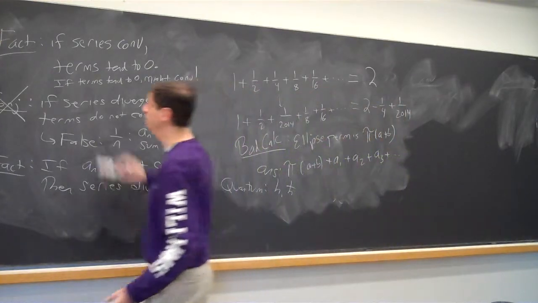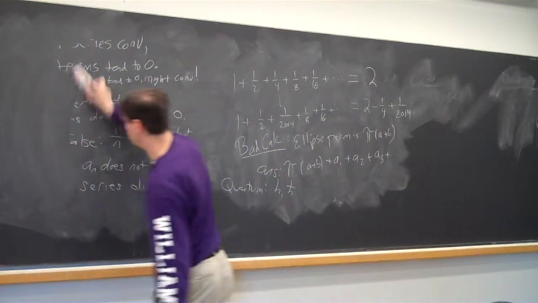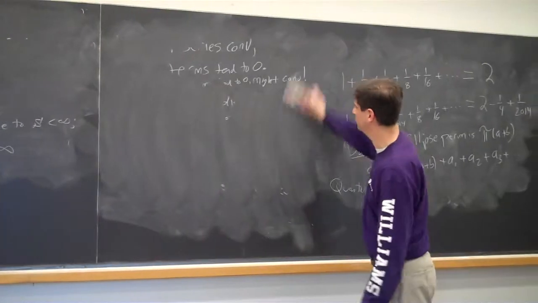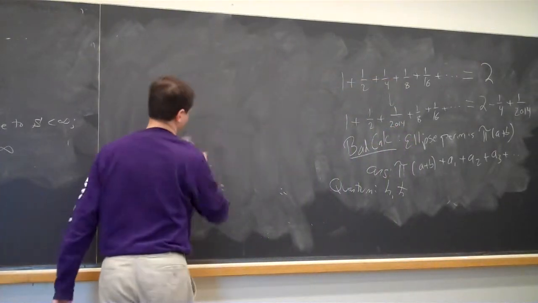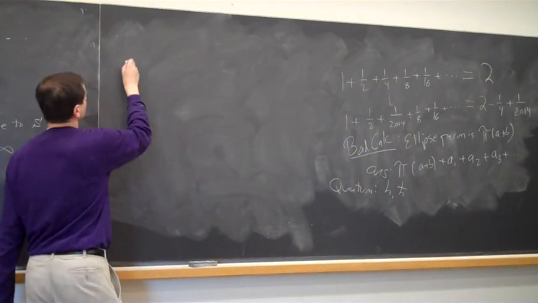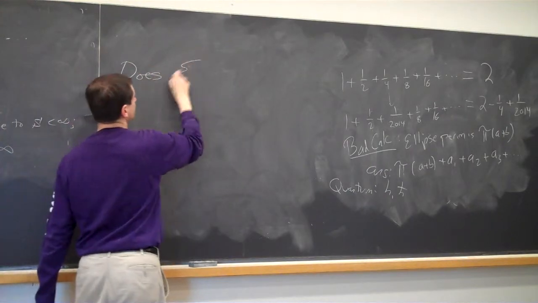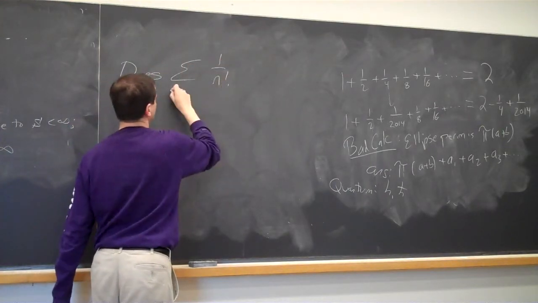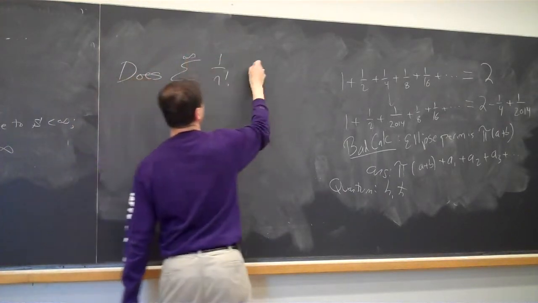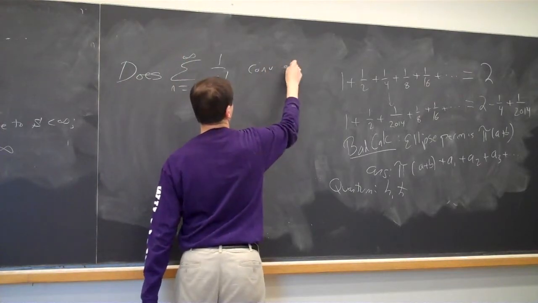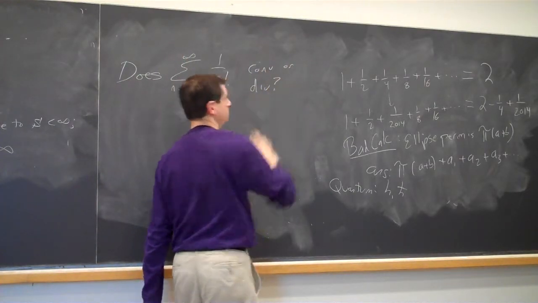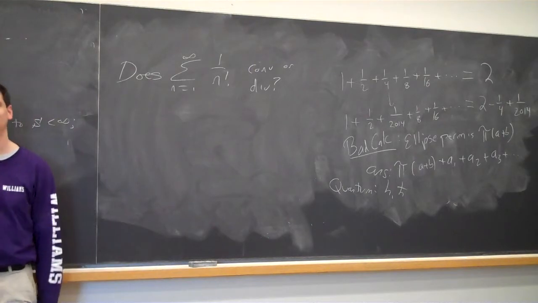Okay. I want to end the day very quickly. There was a question about whether 1 over n factorial converges or diverges. Does the sum of 1 over n factorial, n goes from 1 to infinity, converge or diverge? Soon to be a new hit series, right?